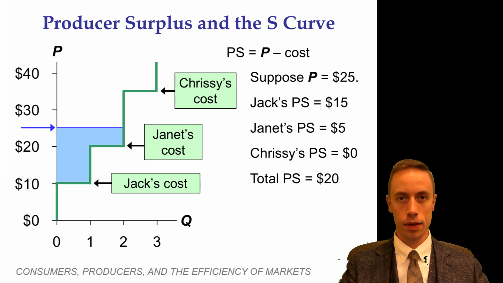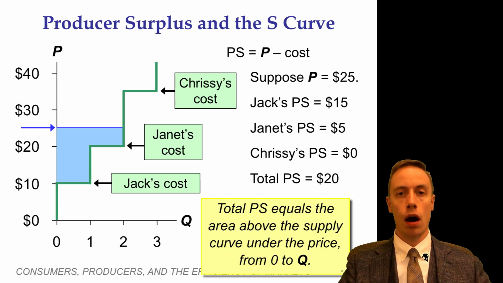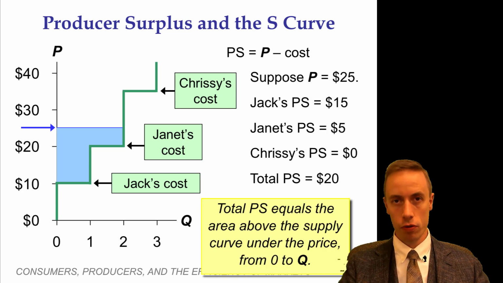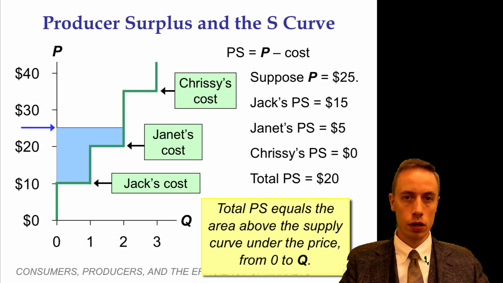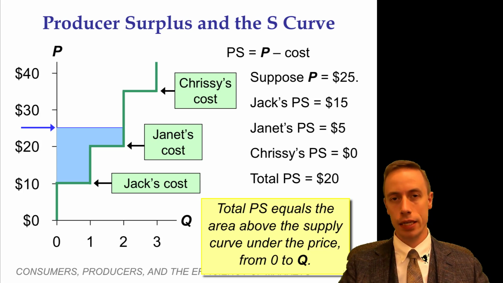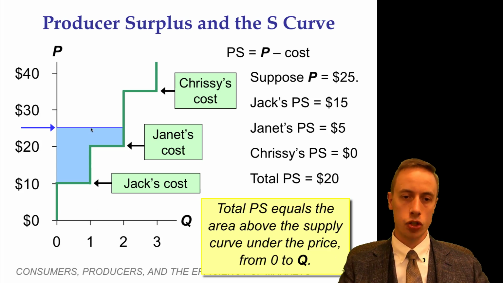It's the area above the supply curve, below the price, and should there be a limit on how much can be sold, for however many units can be sold. So for example, if only one lawn can be mowed, you stop the area at 1 unit right here. In that case, only Jack would be able to mow a lawn.